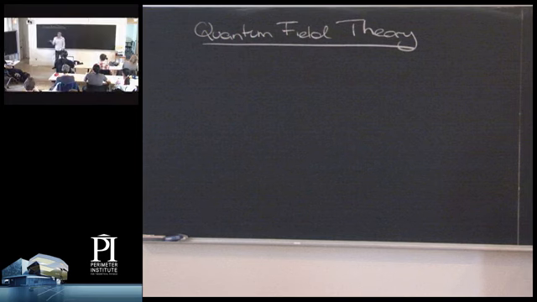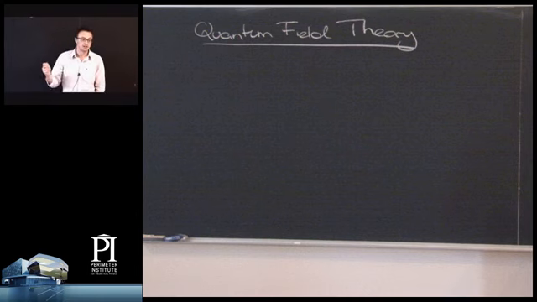Now, it turns out that both of these viewpoints have some validity. But it's certainly fair to say it's the latter viewpoint which has been the most useful. So this idea that it's not the particles that are fundamental. What's fundamental are fields, and there are little ripples of these fields. And when you quantize those ripples, that's what we call particles.